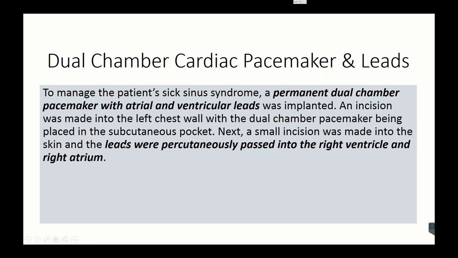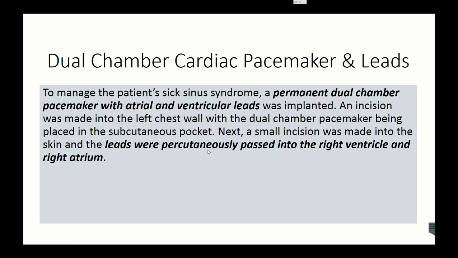And also to note, I didn't highlight this, but the incision was made. So the permanent dual chamber pacemaker is going to be an open approach, and a small incision will be percutaneous. And the leads were, and it says it right here, percutaneously passed into the right ventricle and right atrium.